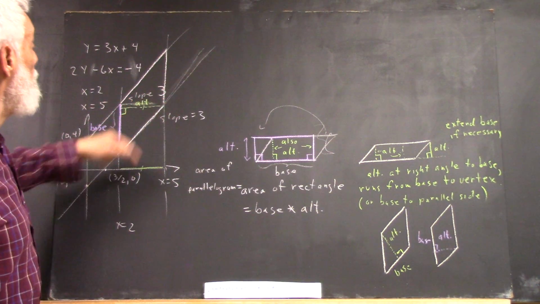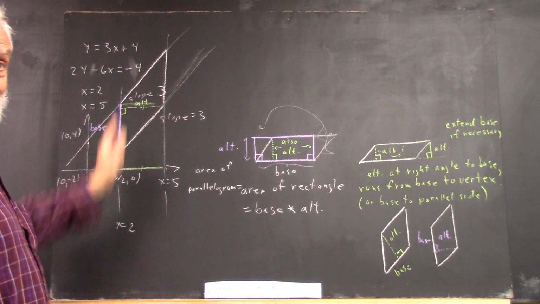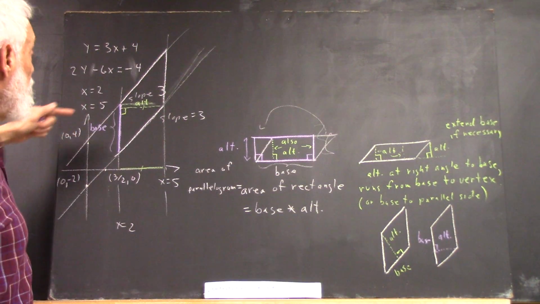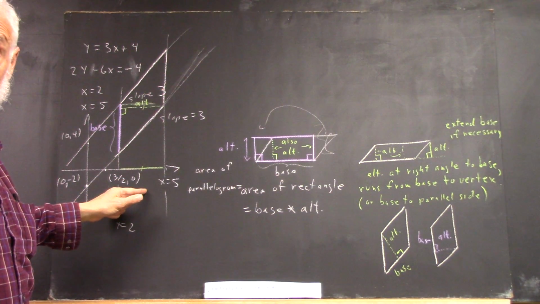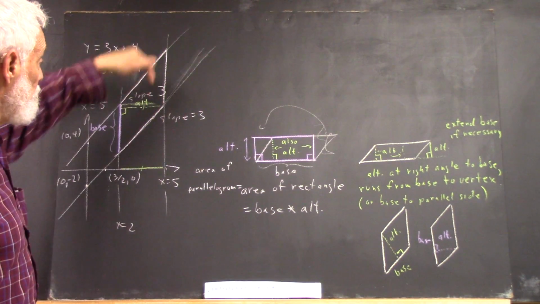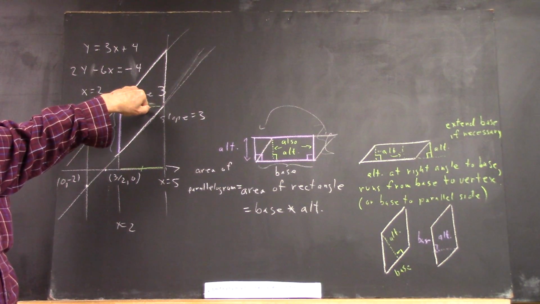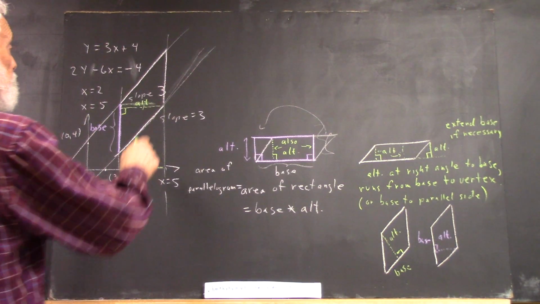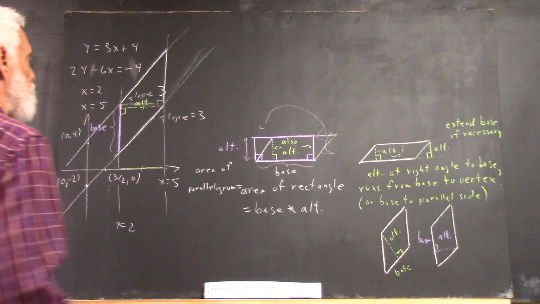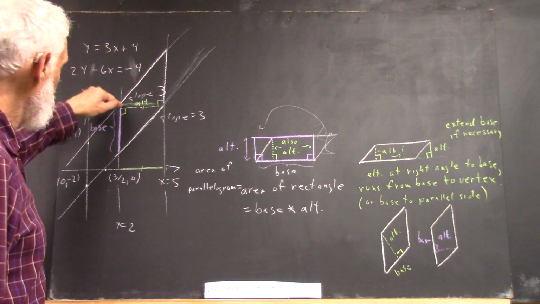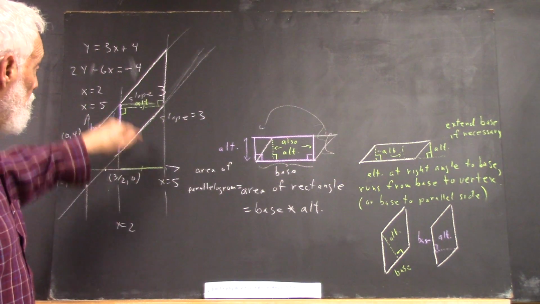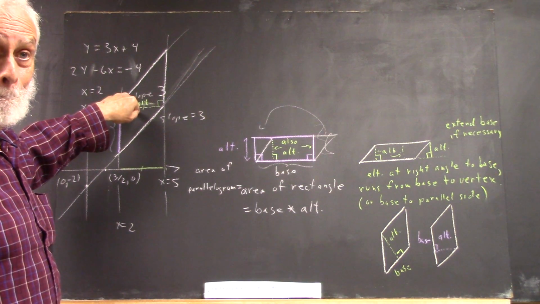Because this is running perpendicular to the x equals 2 line, it has to be parallel to the x-axis. Both of these lines are perpendicular to your altitude. Okay, so we have a right angle here as well. So here we have just a rectangle, and this is the side of the rectangle that's opposite this one, right?